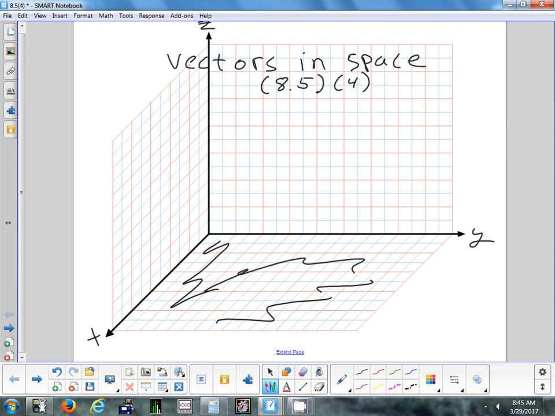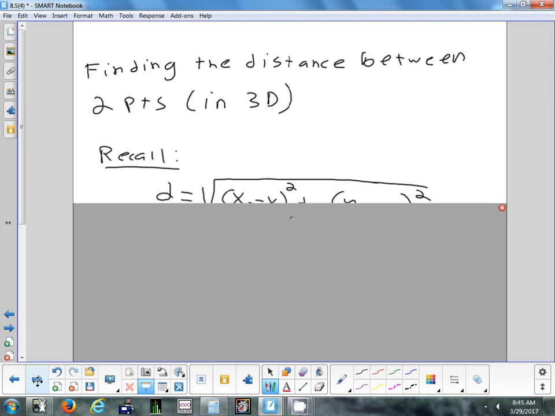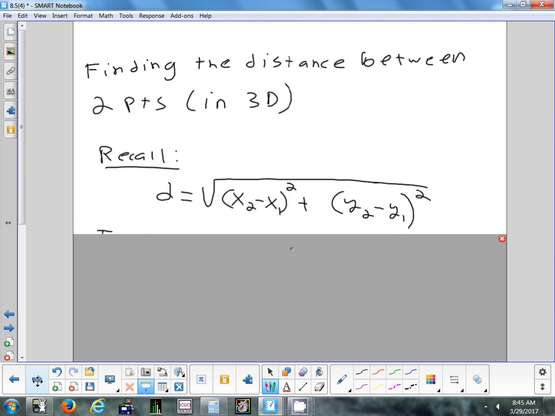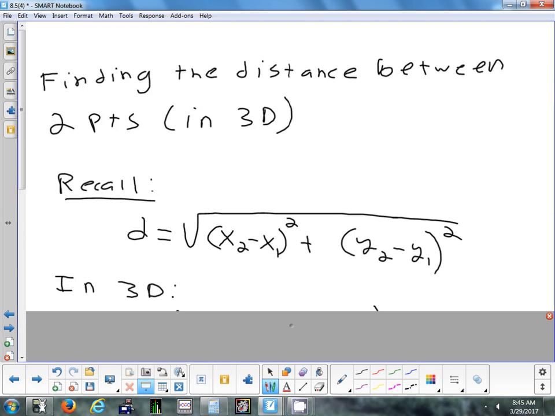We're not going to do much sketching in 3D because the sketches are kind of hard to do, so we're going to focus more on calculations without sketching. Every formula we learned in 2D, I'm going to put up again to remind you, and then I'm going to write the 3D version.